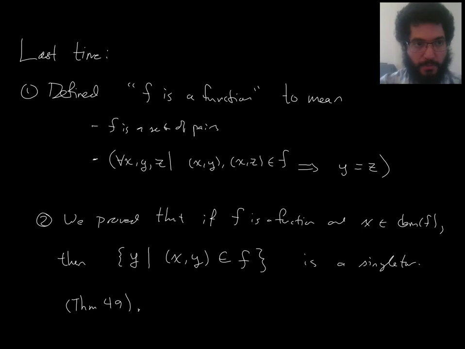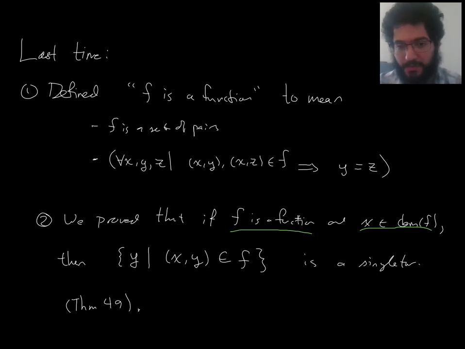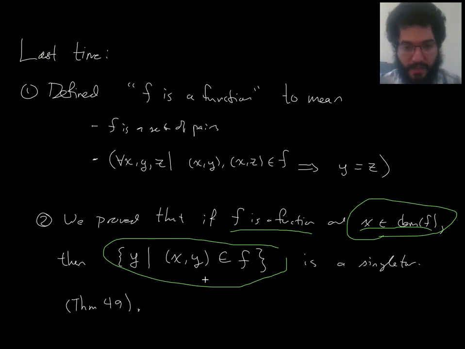The assumption that f is a function guarantees that this has at most one element, and the assumption that x is in the domain of f guarantees that this set has at least one element. So when you have both, this set has exactly one element.